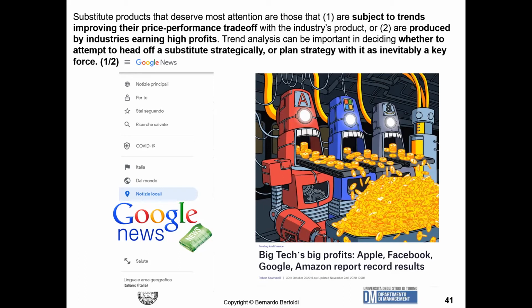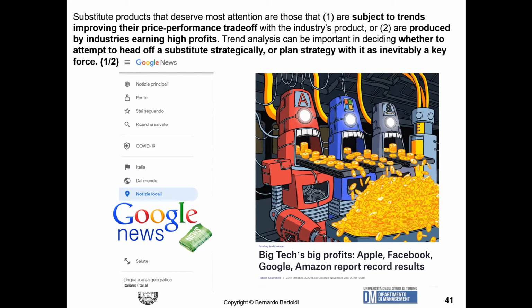Little by little, their price performance index will be better and will enter your industry, putting a threshold on how much you can sell to the customer in terms of price and how much added value you give to your customer.